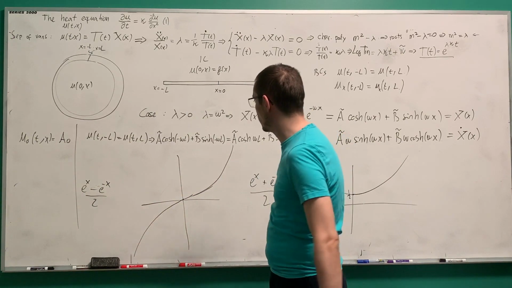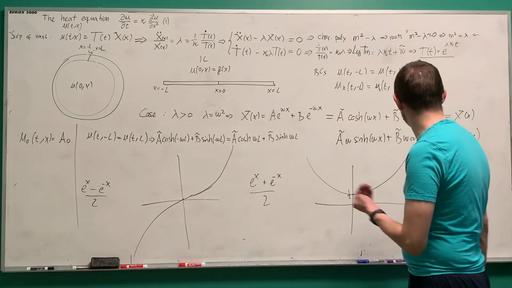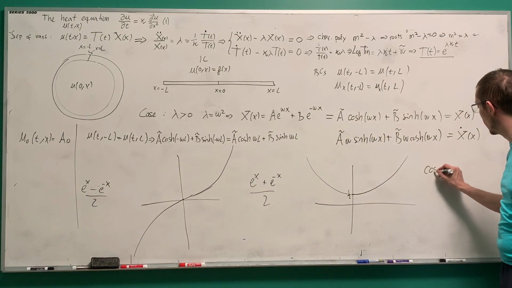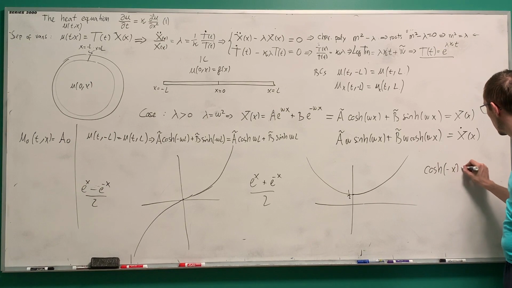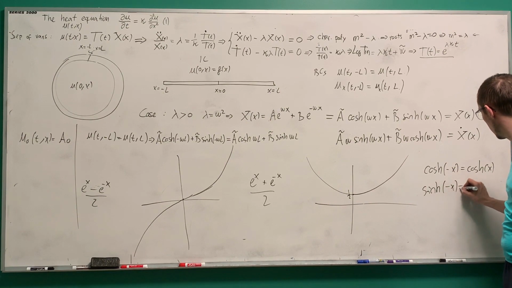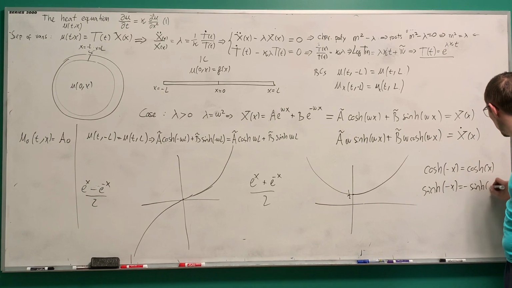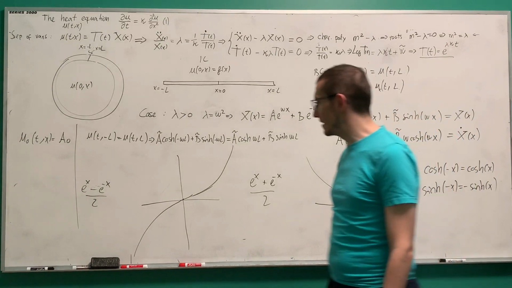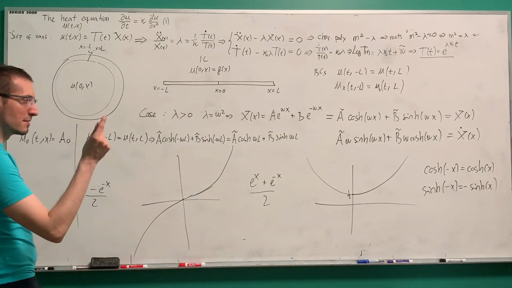So it's an odd function. So the sinh is an odd function, and the cosh, let me just write it here, cosh of minus x equals cosh of x, whereas the sinh of minus x equals minus sinh of x. All right, let's erase the plots.